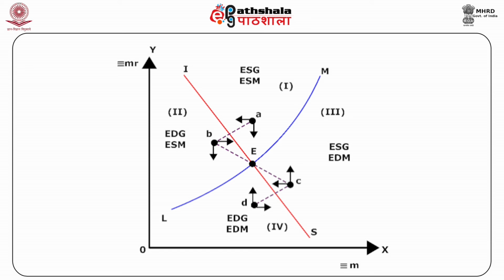One small question arises: how does the economy move from A to B? For this, we will have to remind ourselves about a little bit of vector algebra. In this situation, there are two vectors, one which goes to the left, the other which goes downwards.